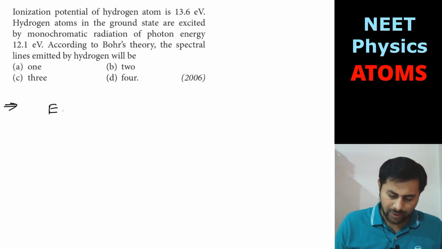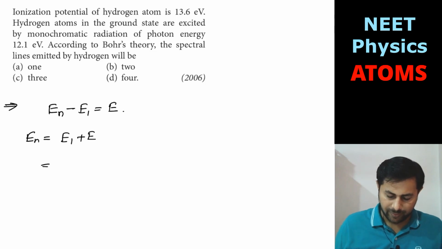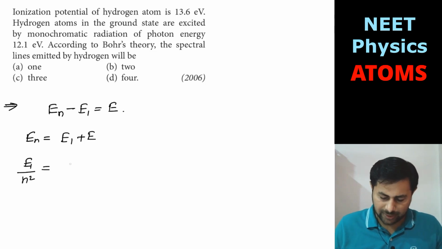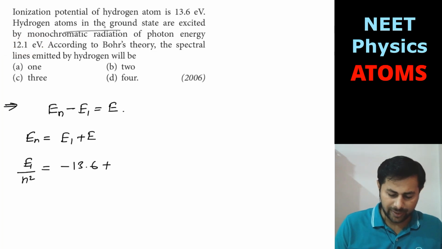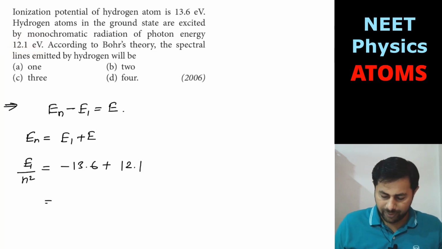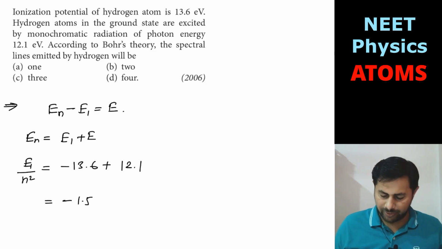So you have En minus E1 equals the energy of this photon, or the energy of the nth orbit is equal to E1 plus the energy of the photon. So En is E1 divided by n square, and that's equal to minus 13.6 plus 12.1. Put that here. So this is equal to minus 1.5 electron volt.